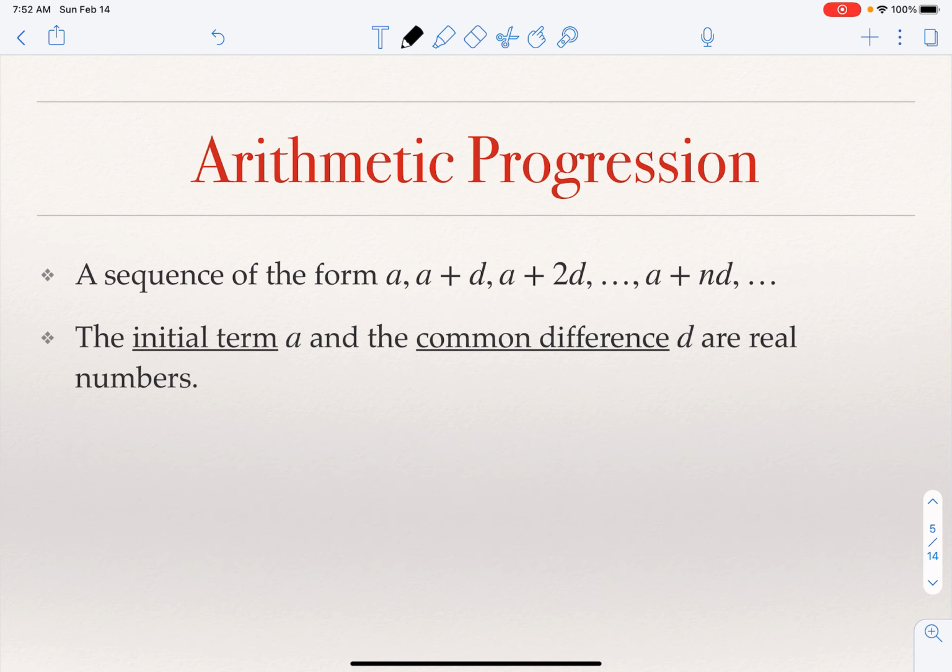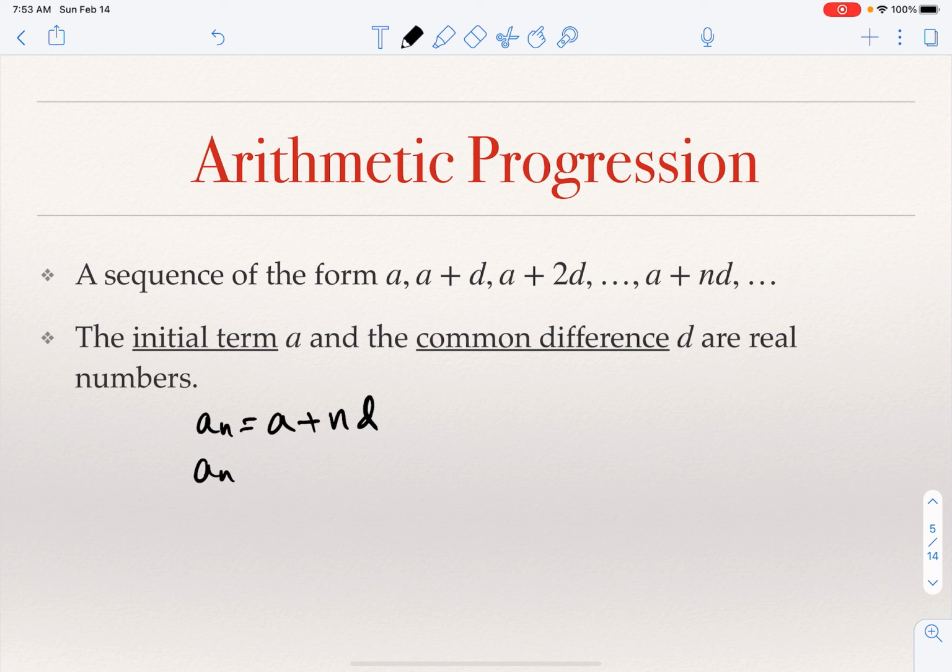In an arithmetic progression, the nth element differs from the n minus 1th element by an additive constant, which we call d, the common difference. So the arithmetic progression is defined by a, a plus d, a plus 2d, and so on. If you look at an, it is a plus nd.